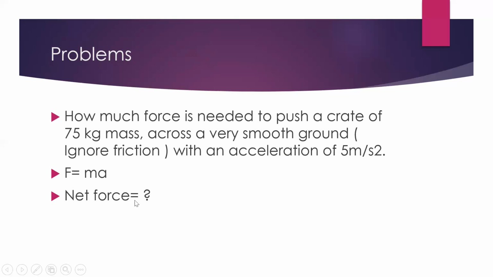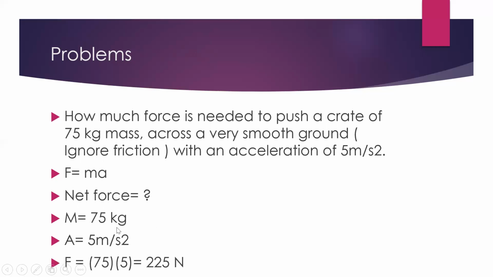Net force equals, this is the needed information, but we have mass 75 and we have acceleration. So now we will substitute. F equals M multiplied by A, 75 multiplied by 5, so it is 375 Newton.